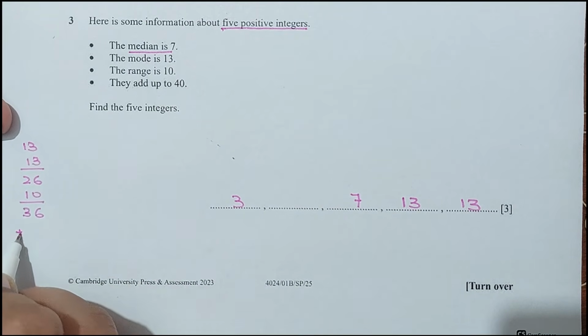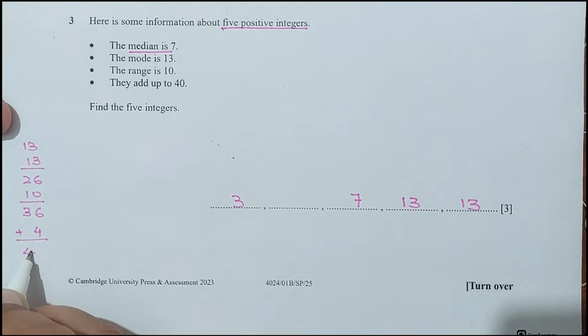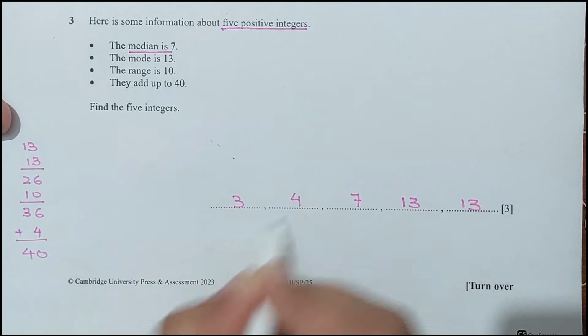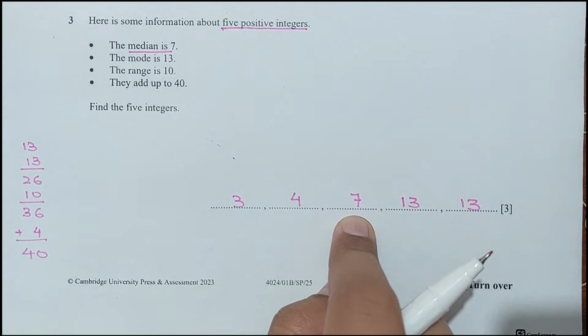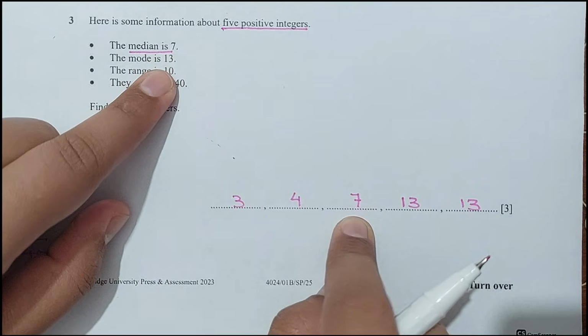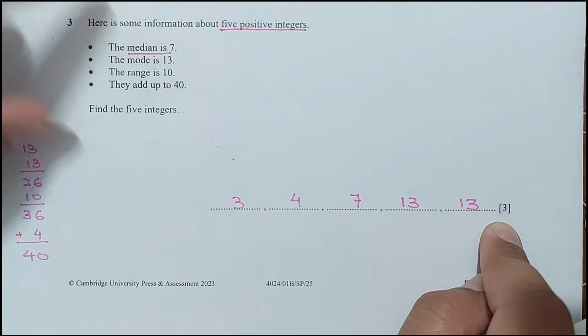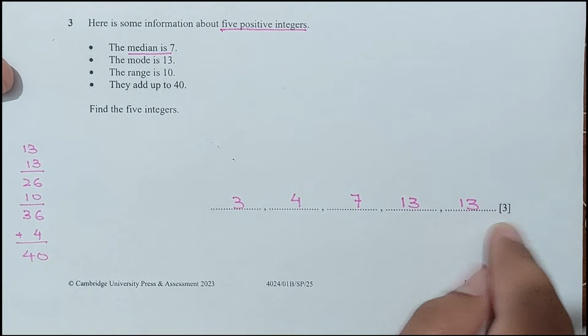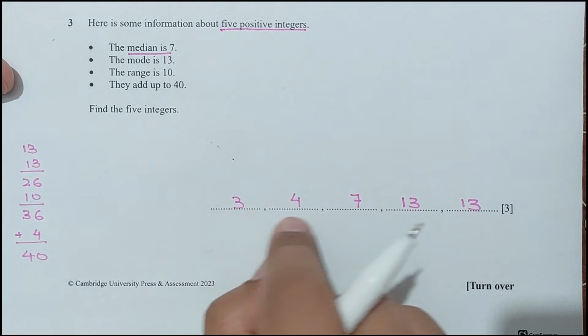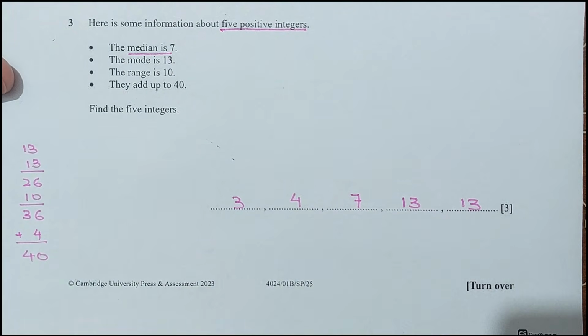To make the sum 40 we add 4. As you can see, the median is 7, the mode is 13, the range is 10, and they add up to 40. So these are the 5 integers: 3, 4, 7, 13, and 13.